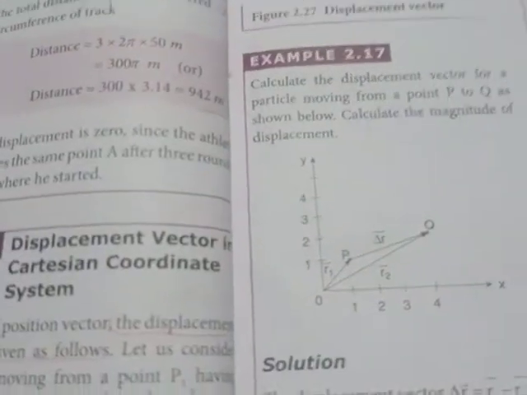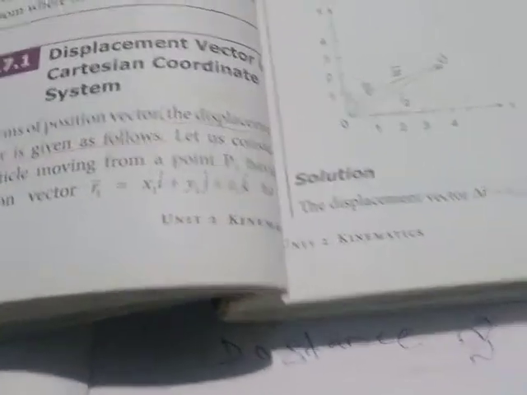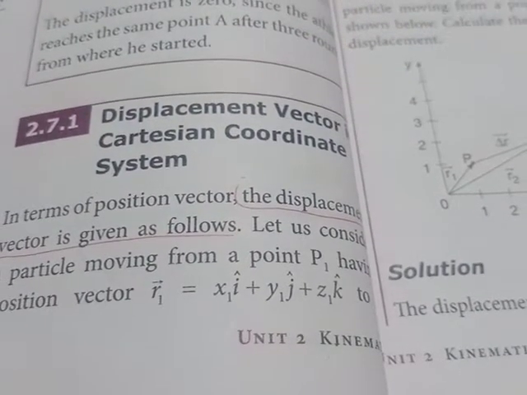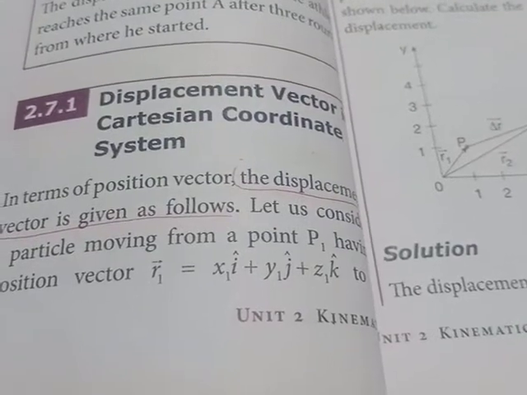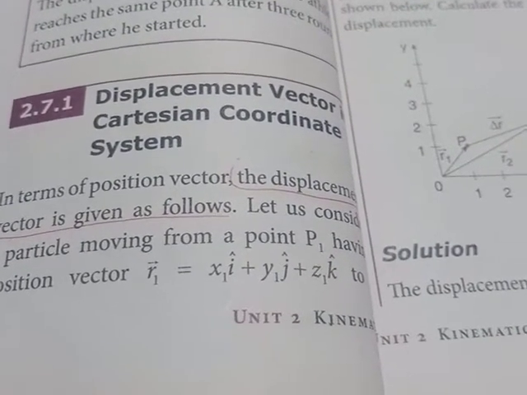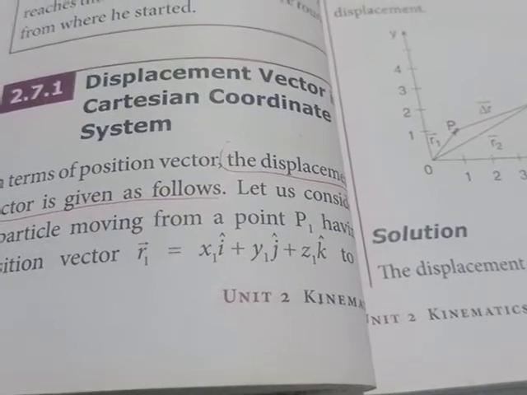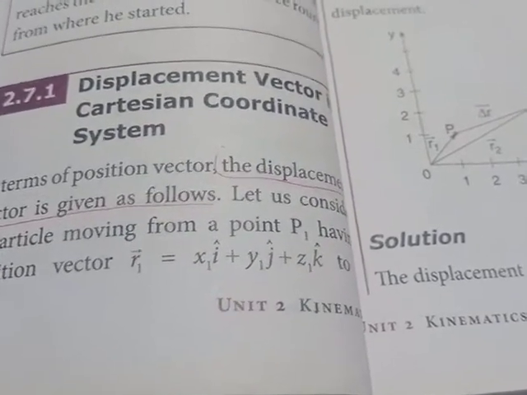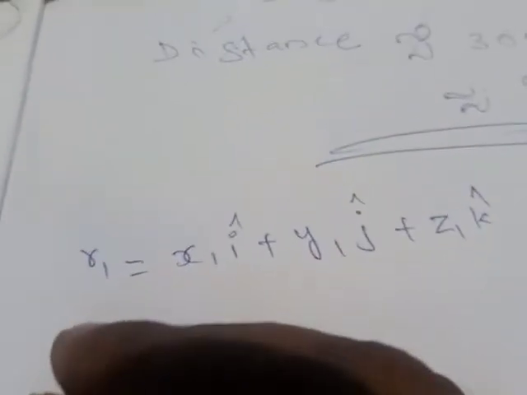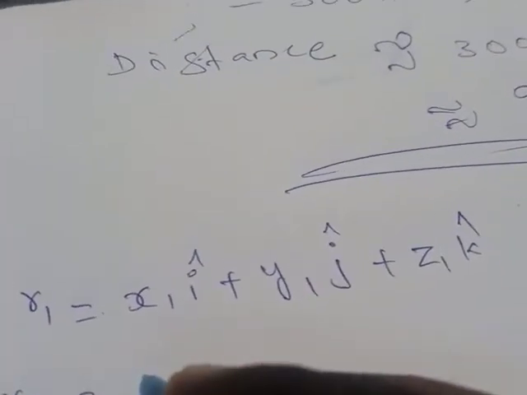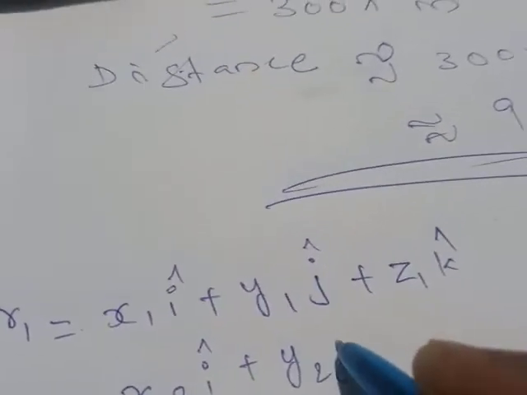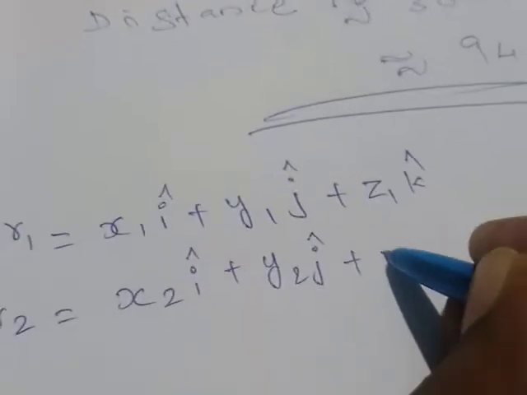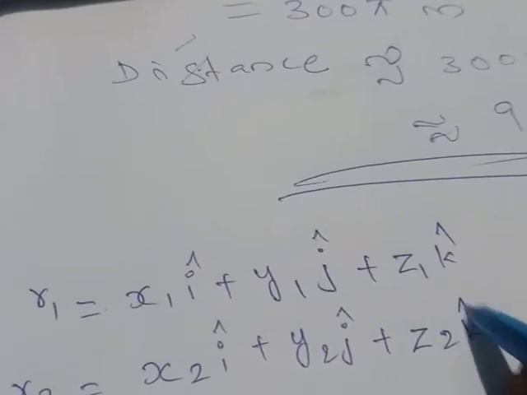And here you can see one example is given. Note the example. Considering R1 equal to x1 i unit vector plus y1 j unit vector plus z1 k unit vector, and R2 is equal to x2 i unit vector plus y2 j unit vector plus z2 k unit vector.